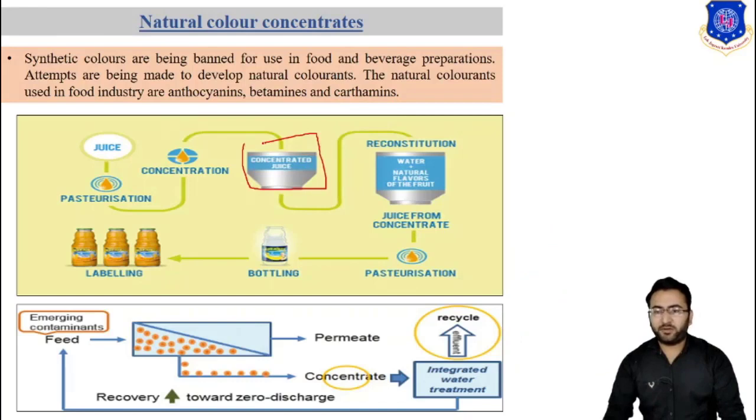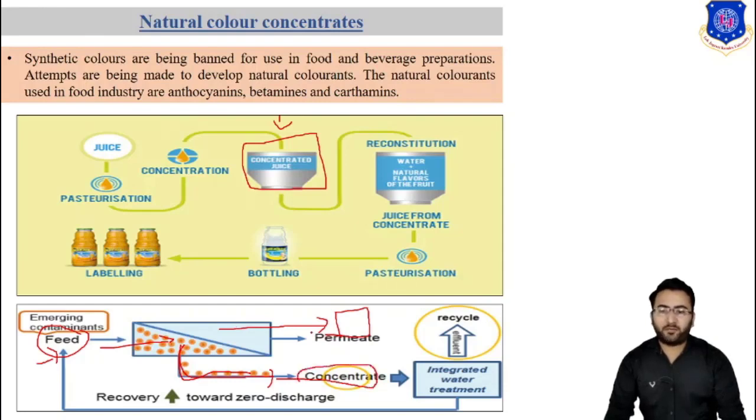So if we replace the distillation with a membrane separation process, first the feed has to be added to the reverse osmosis assembly. Then the concentrate will be rejected, which is used for the color purpose, and the water can be used for other purposes. So we get the concentrate as the reject from the reverse osmosis, and pure water from the permeate, which is used for other treatment or other purposes.